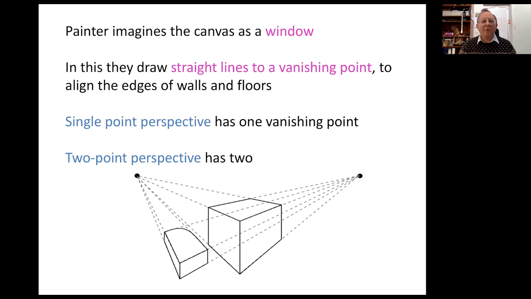You can have single point perspective if you have one vanishing point, or 2-point perspective if you have two. So this really was where modern art started from a mathematical point of view, and mathematicians have taken this on way further into notions of projective geometry and projective space and stuff like that.